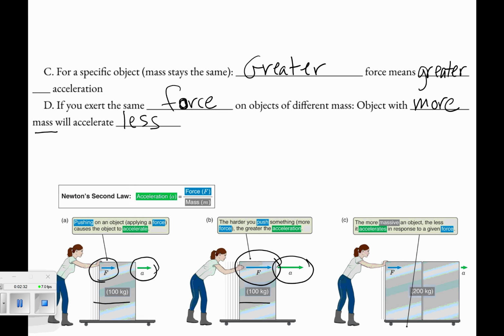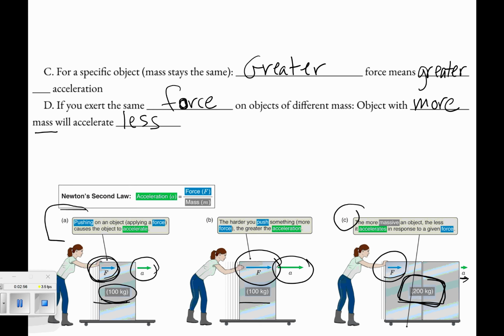So for this one, we compare this first picture, pushing 100 kilograms with this little f force. Compare that to picture C. You're pushing twice the mass, a much bigger object, with the same little f force. And look, your little a got small. It's a teensy tiny acceleration.